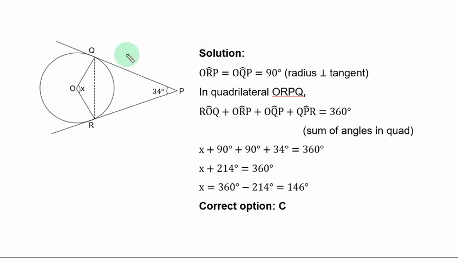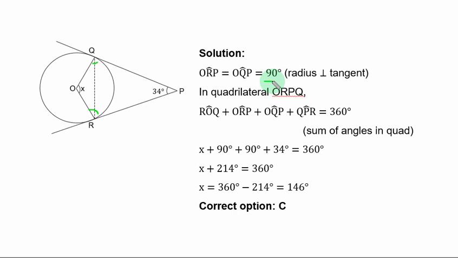Solution. You have the diagram. Now you should note that anytime a radius intersects with a tangent, the angle formed is 90 degrees. So this angle and this angle, they are equal to 90 degrees. Radius perpendicular to a tangent.